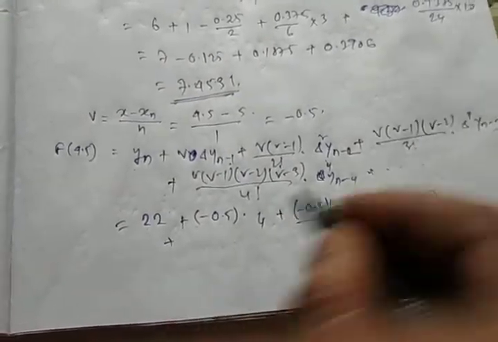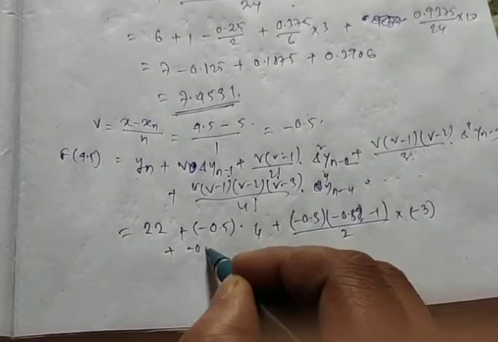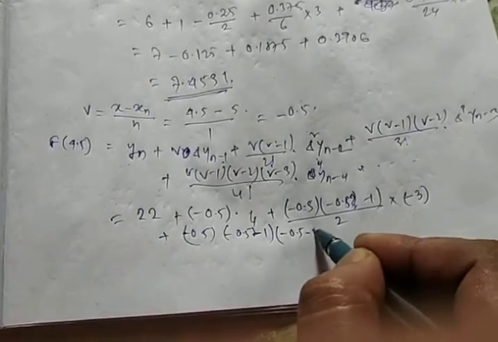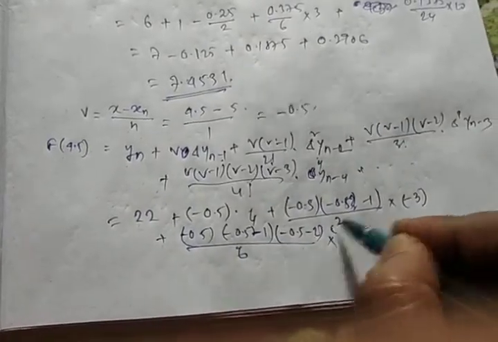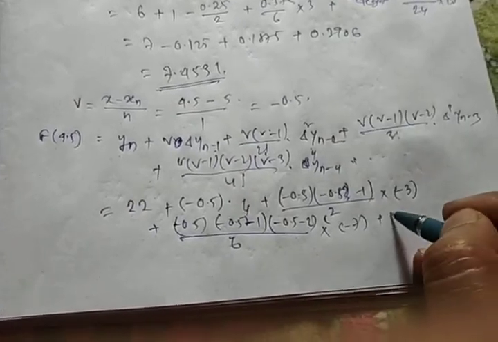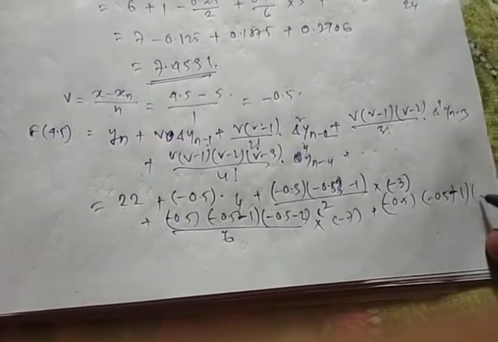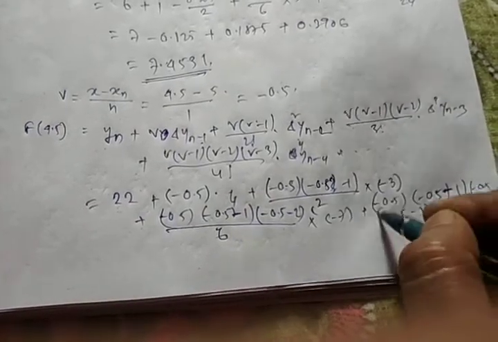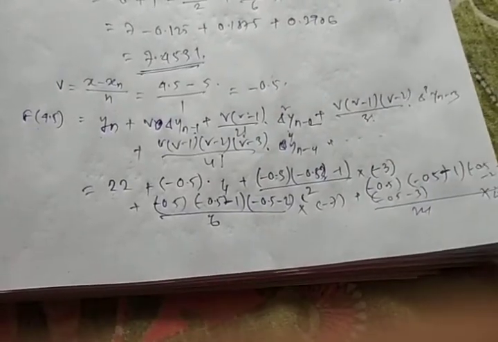Third term, fourth term: v means minus 0.5 into (minus 0.5 minus 1) into (minus 0.5 minus 2) divided by 3 factorial, which is 6, into delta square yn minus 3, which is minus 7, plus minus 0.5 into (minus 0.5 minus 1) into (minus 0.5 minus 2) into (minus 0.5 minus 3) divided by 4 factorial, which is 24, into 10.